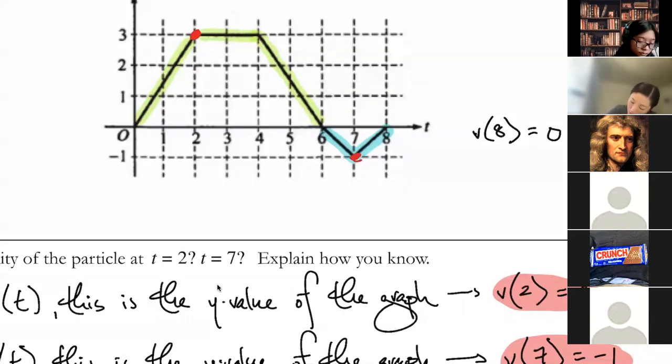And if I asked you what V of 0 was, you would also say 0 because those are the y values there. But when I'm looking for whether it's moving to the right or the left, it has to be a positive value or a negative value. And 0 is not positive and it's not negative. And so that's why we don't include those. Does that make sense?